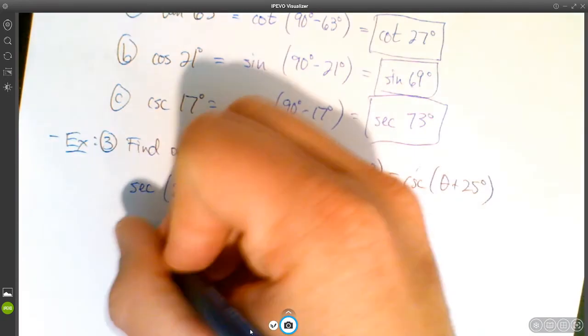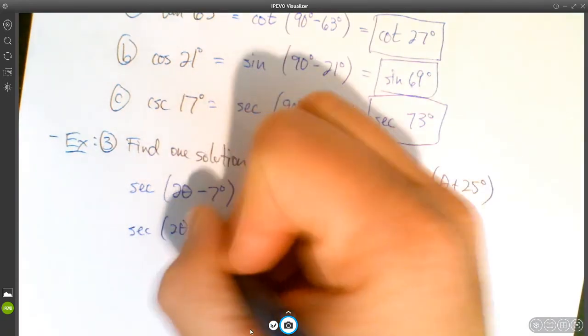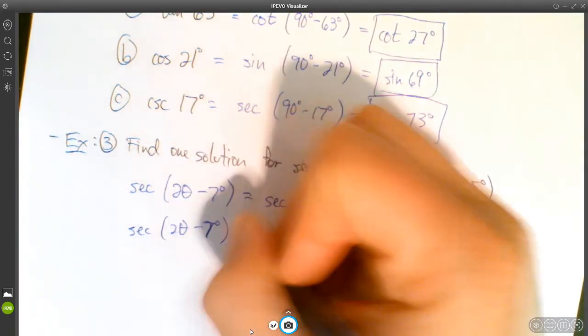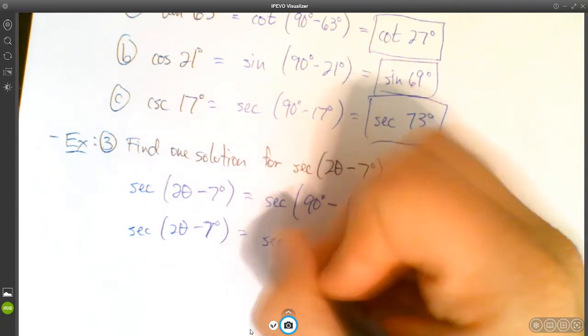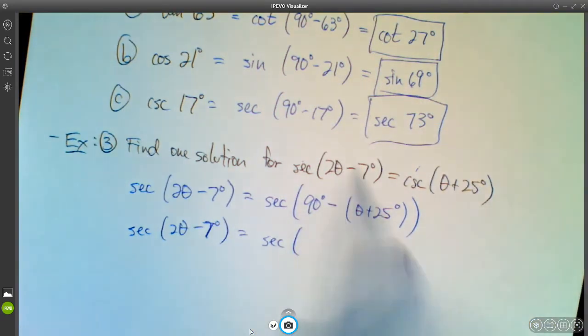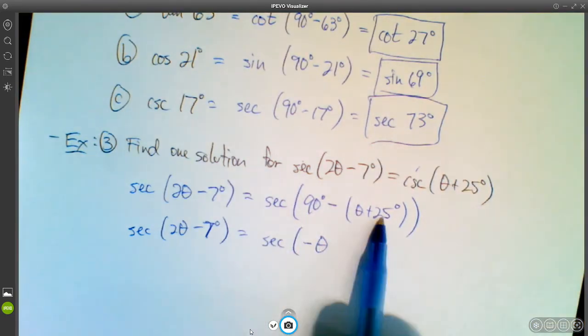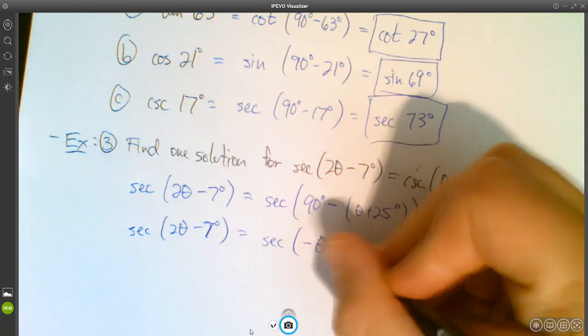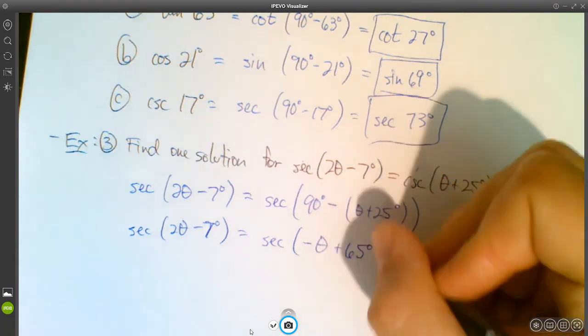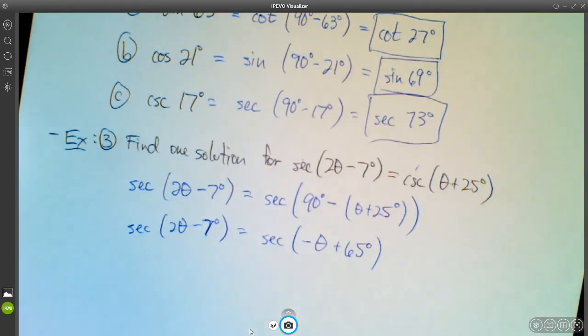So in other words, I've got secant of 2 theta minus 7 equals secant of negative theta, 90 minus 25 should be 65, so plus 65 degrees. Right?